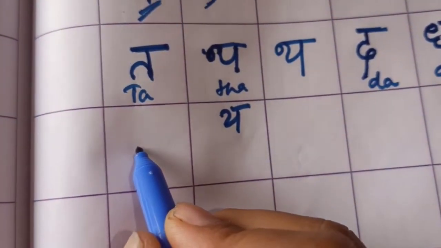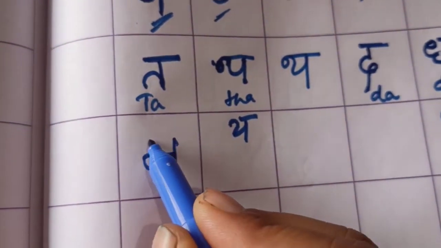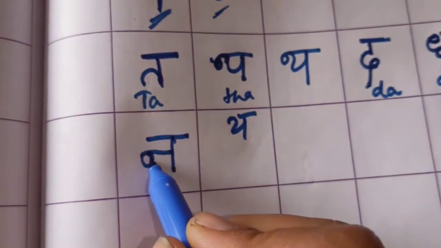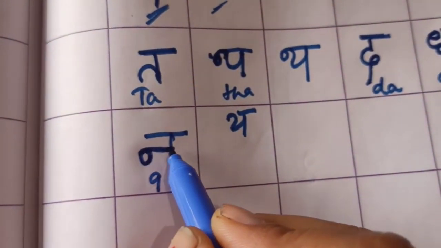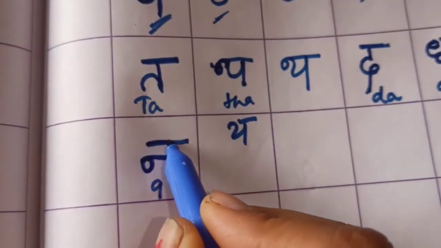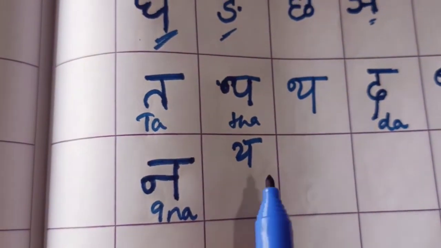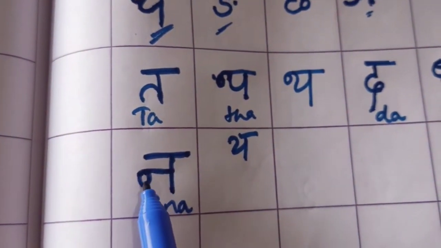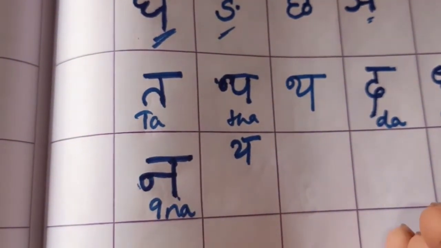Now comes the sleeping line and standing line. This is na, sleeping na, standing line and sleeping line. I also teach my kids this as tap na. This is called tap na because this is the wall and this looks like the tap.